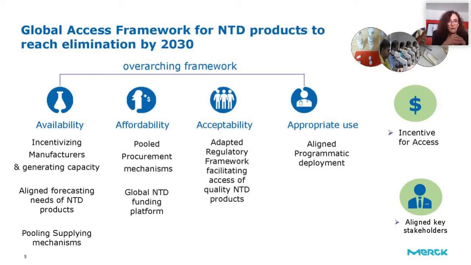Again, aligning the forecast for the NTD products and here for the schisto product would be a way of also leveraging resources. When it comes to affordability, there are talks about looking at pooled procurement mechanisms, but also creating more global NTD funding platforms in such a way that we are addressing more than one element at a time and a much more holistic approach for the countries.